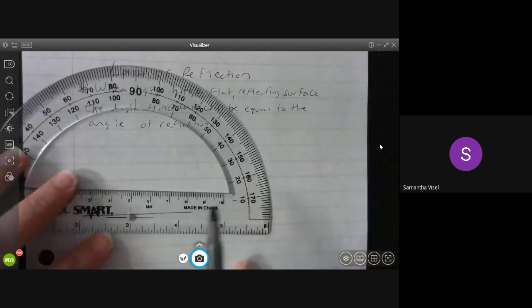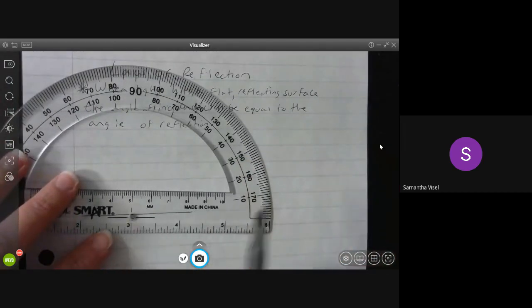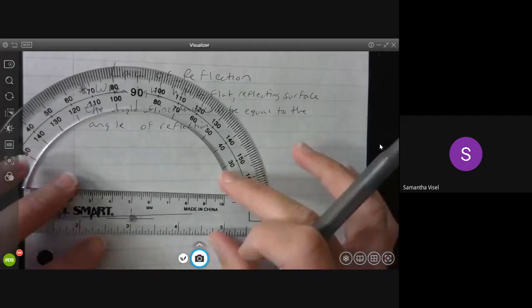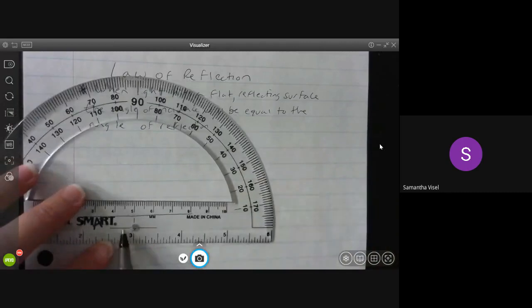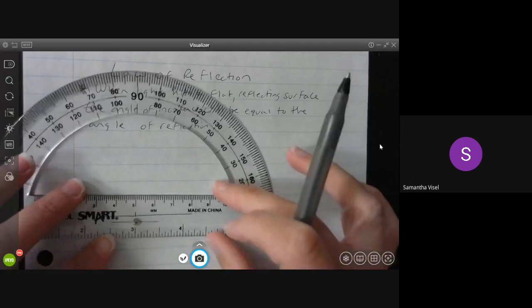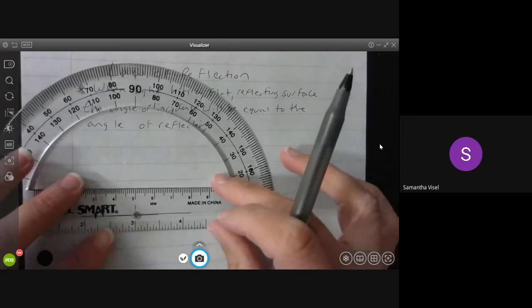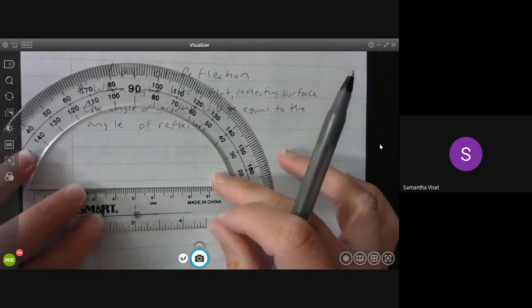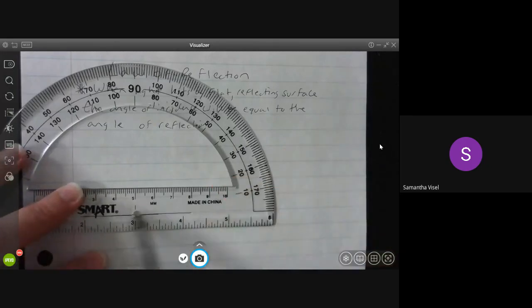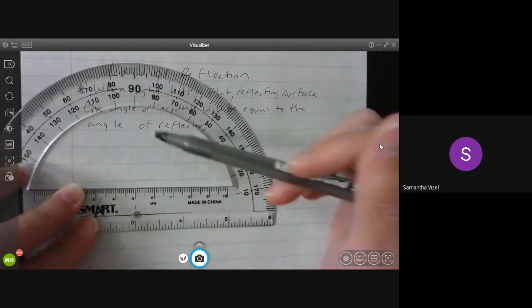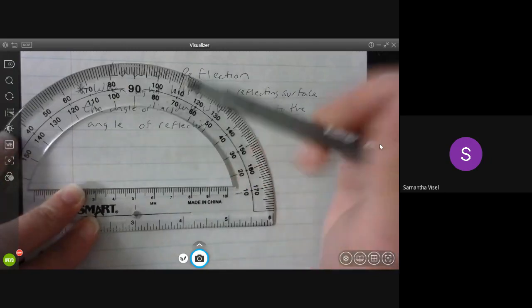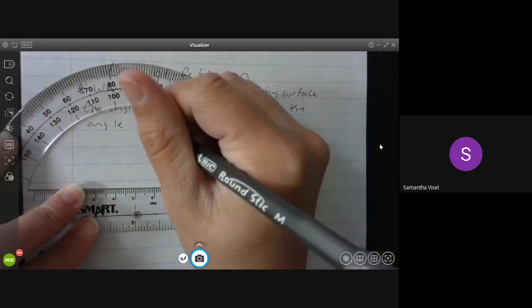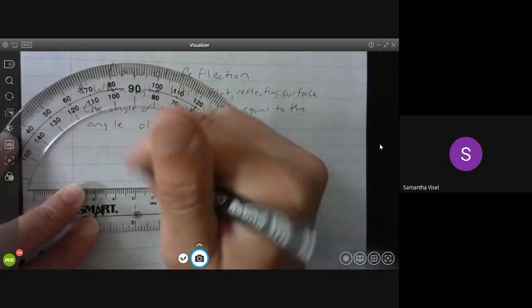So if it's been a while since you've used a protractor, this circle is going to be kind of our leveling line. Next to this circle, I have two lines that are horizontal here. So I want those horizontal lines to go flat right over top of that mirror line that I drew. And then perpendicular is 90 degrees. So I'm going to look up here and find 90, and 90 is just straight down from here.